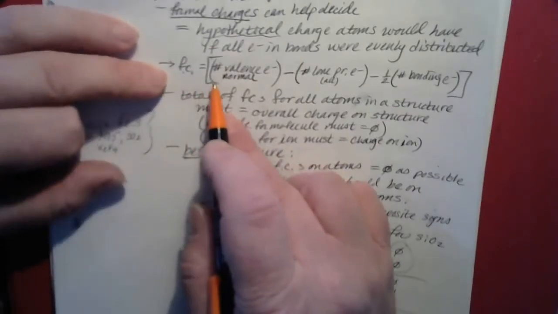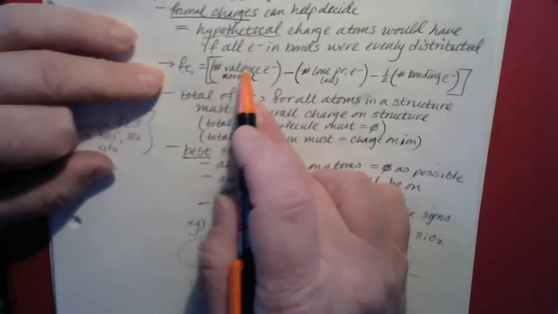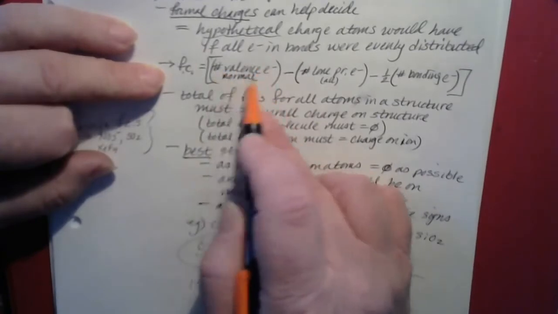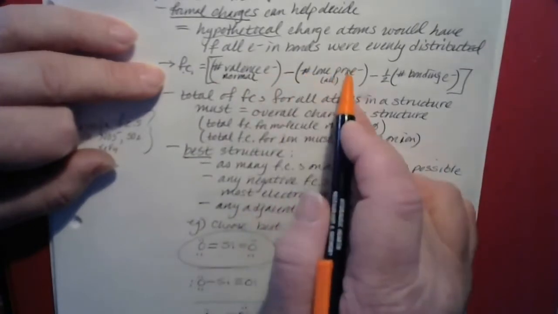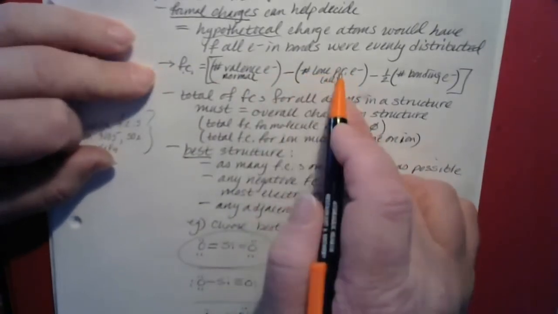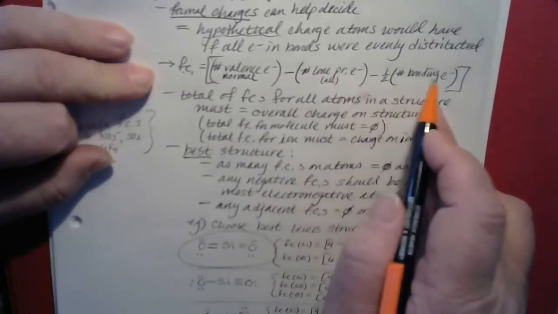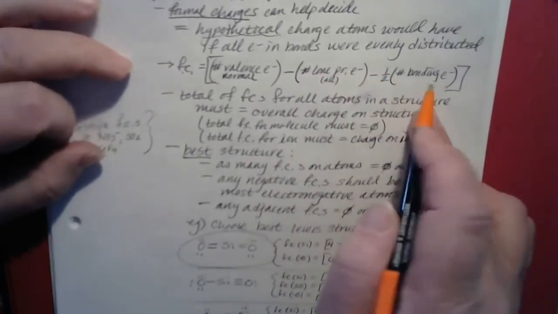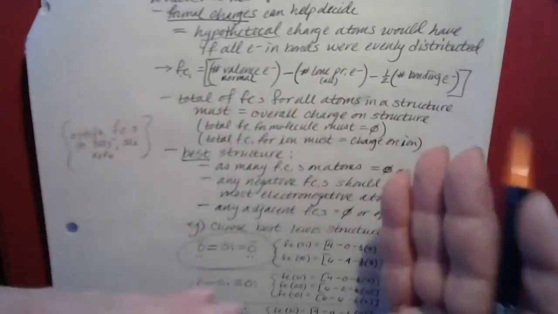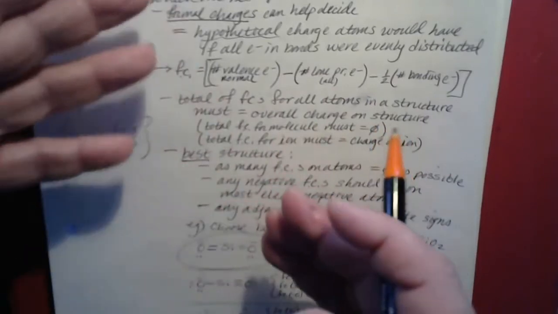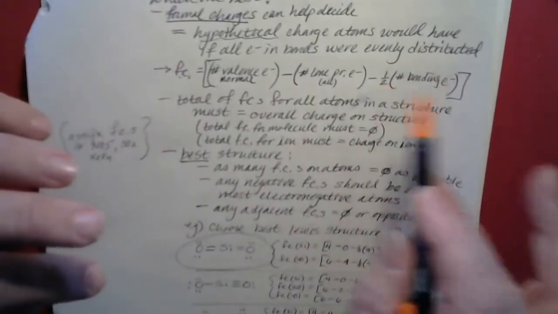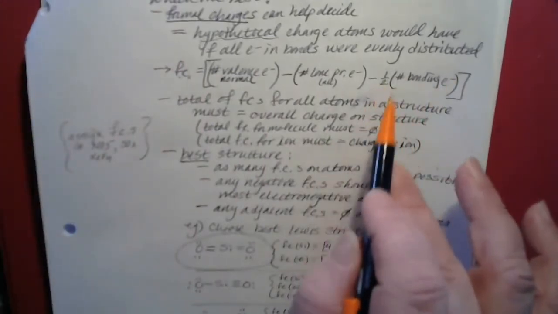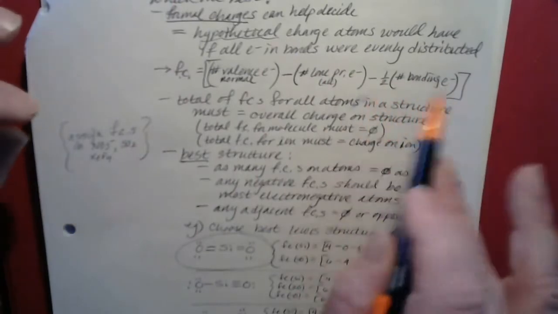For each atom, its formal charge is its normal number of valence electrons, according to the periodic table, minus all of the lone pair electrons on that atom, minus half of the bonding electrons around that atom. We're making an assumption here that when atoms share electrons, one of the electrons originally belonged to one atom and one originally belonged to the other atom, so we recreate that situation by only subtracting half of the bonding electrons on the atom.